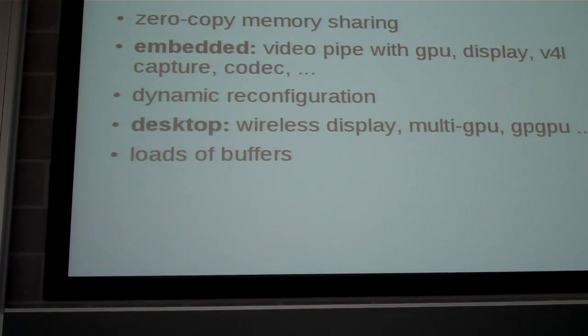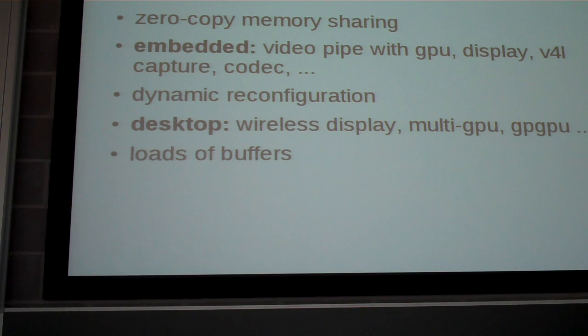cases. One is embedded SoCs, where hardware vendors just take a bunch of chipset blocks and smash them into one piece and try to sell that. And so we have different video pipelines, different GPUs, display engines to scan out and blend things, encoders, camera capture modules, and they all work differently and have different drivers.